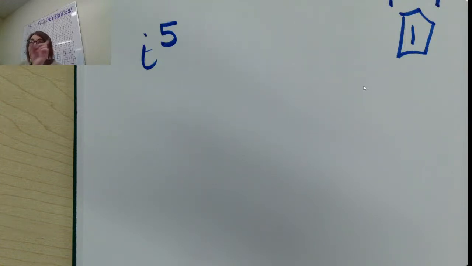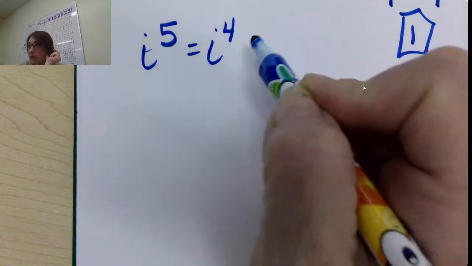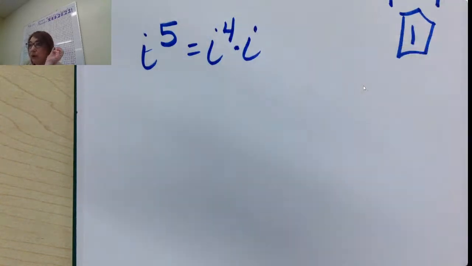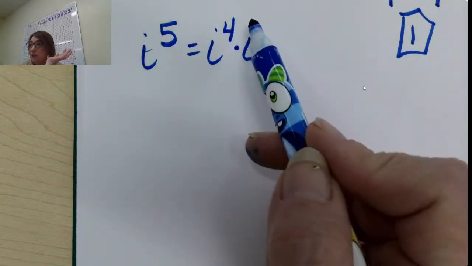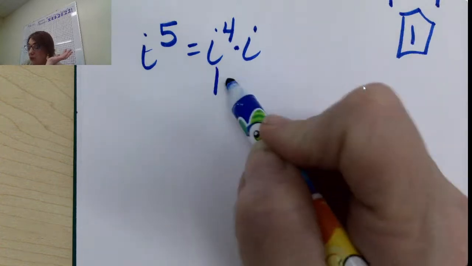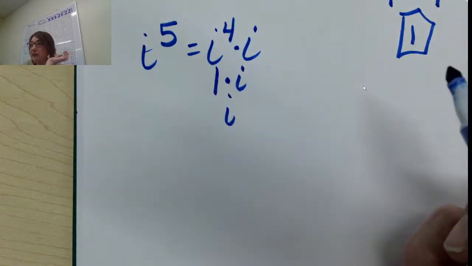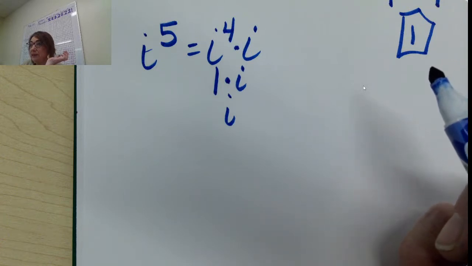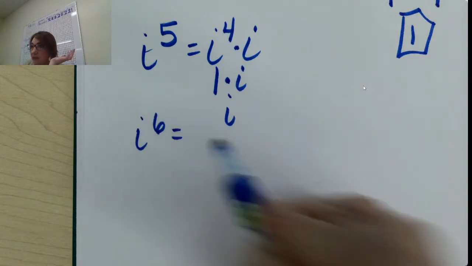I to the 5th is equal to I to the 4th times I, right? And what do we know I to the 4th equals? 1. So that's 1 times I, which is just I. What about I to the 8th? No. So let's say we did I to the 6th, right?